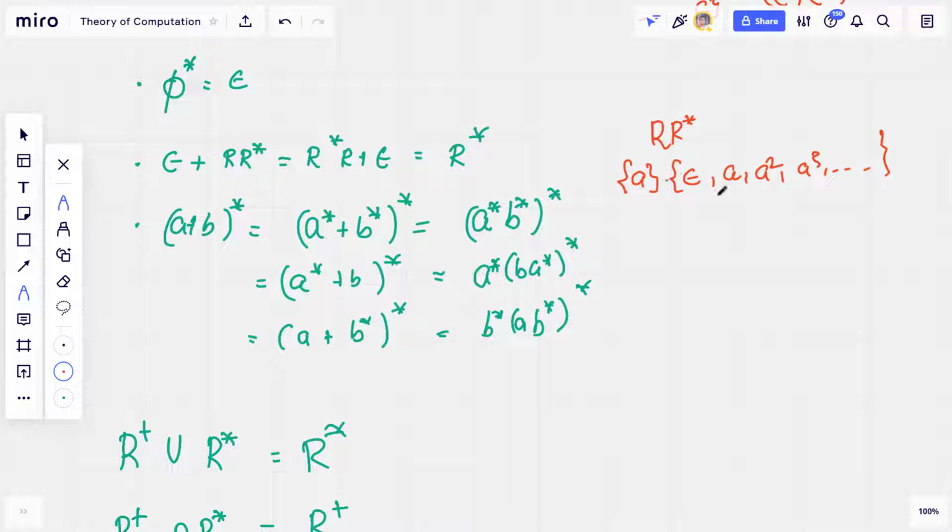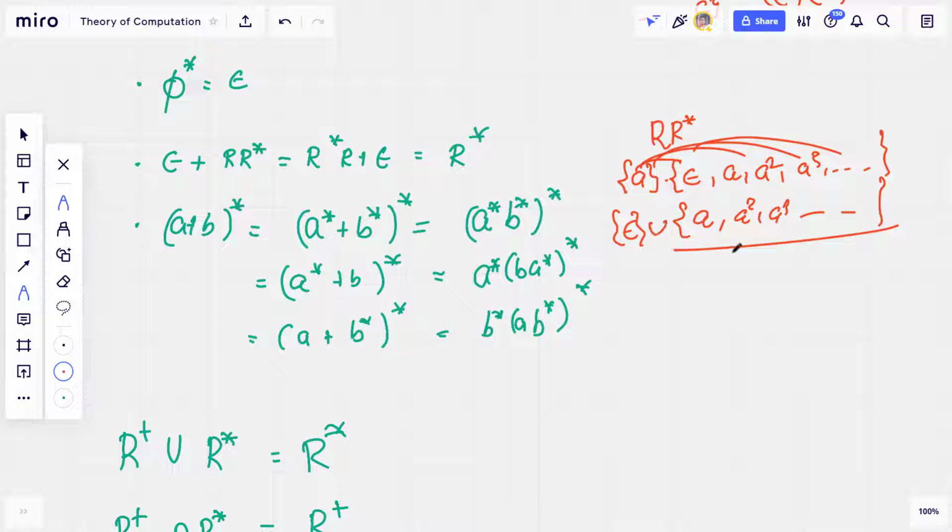If I take a dot product with it, I have to take this a and multiply with everyone, right? So what do I get? I'll get a into epsilon, which is a. I'll get a square, I'll get a cube, and so on. So what is this? If you think about it, it's the set of all strings of length greater than or equal to 1. And if I simply add epsilon, that is I take a union with epsilon, this is actually r plus.